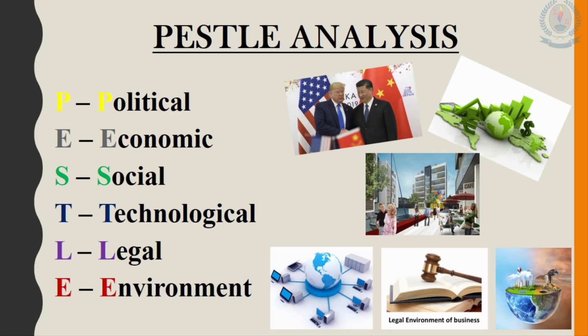The word PESTLE is created by using the first letters of 6 external environmental factors. You can see that letter P refers to political environment, letter E refers to economic environment, letter S refers to the social and cultural background of the society, letter T refers to technological environment, and letter L refers to legal environment.